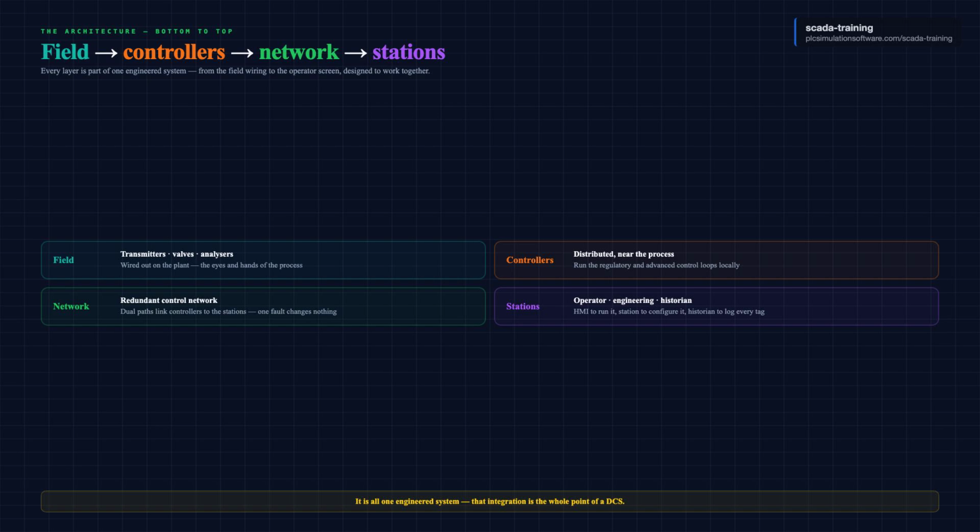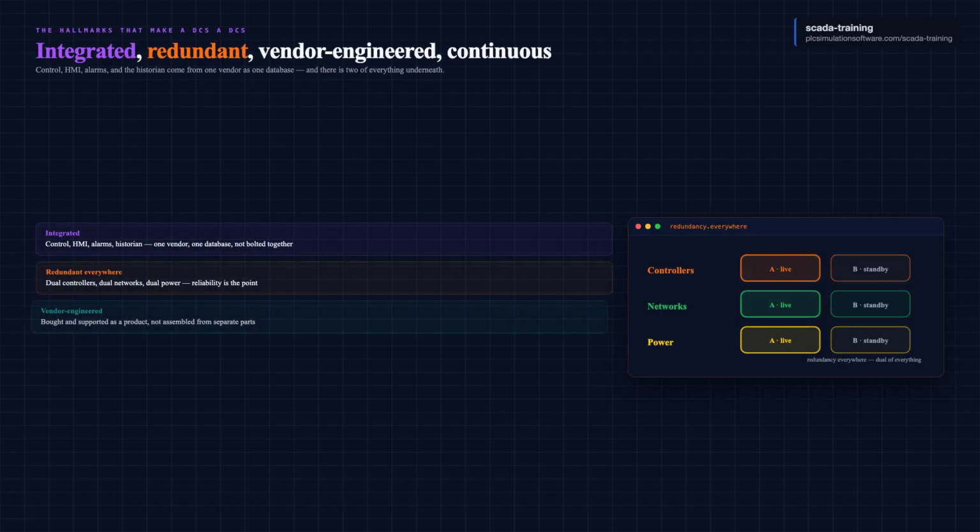That leads to the hallmarks, the things that actually make a DCS a DCS. First, it is integrated. Control, the HMI, the alarms, and the historian all come from one vendor, sharing one database. Not three products bolted together. Second, redundancy is everywhere. Dual controllers, dual networks, dual power supplies.